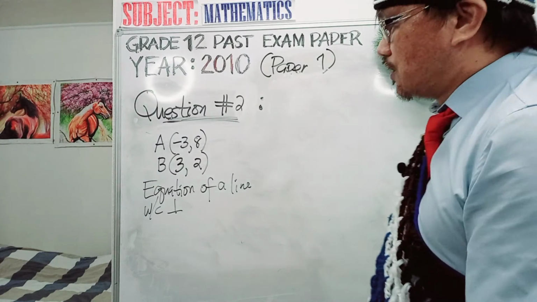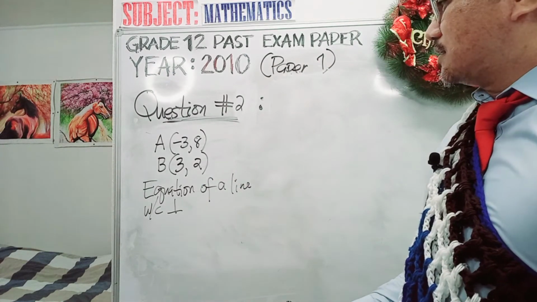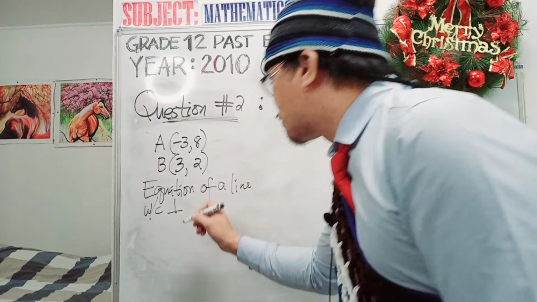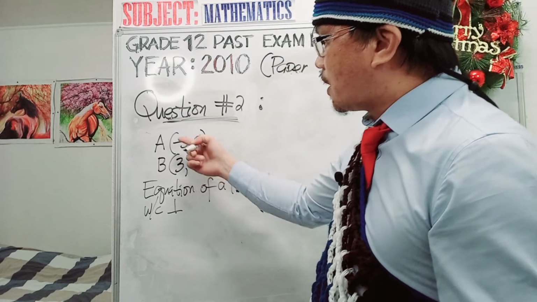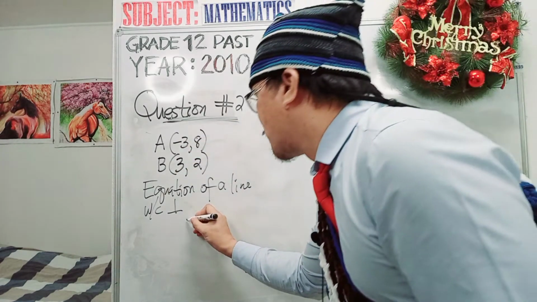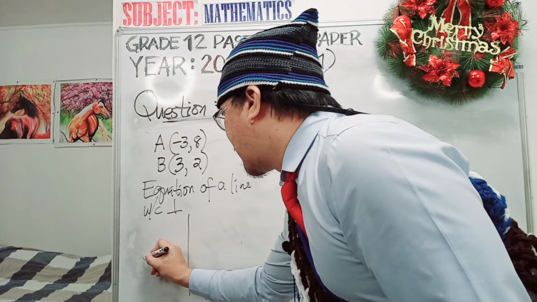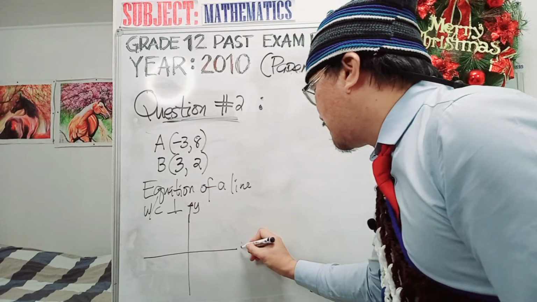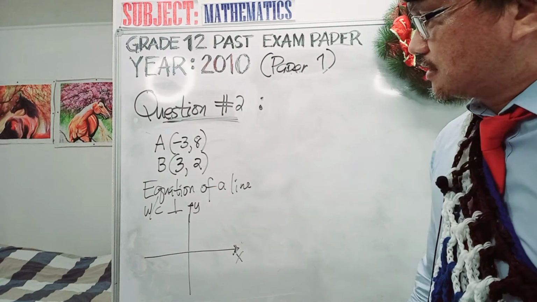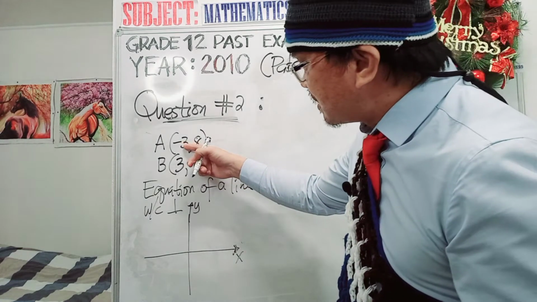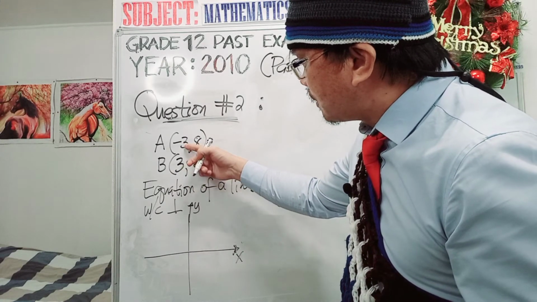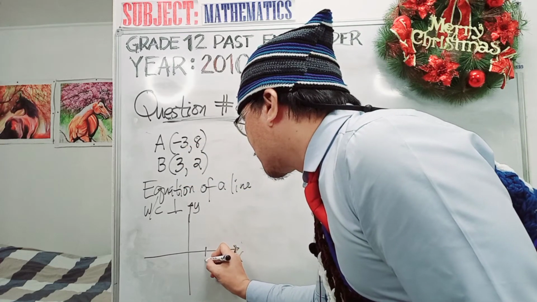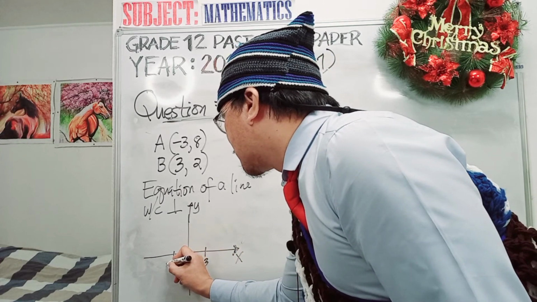Although it is not required, you can illustrate the position of these points. So you can draw the axes: this is the y-axis, and this is the x-axis. The maximum of our x coordinate is 3, so I could have positive 3 on this side and negative 3 on that side.